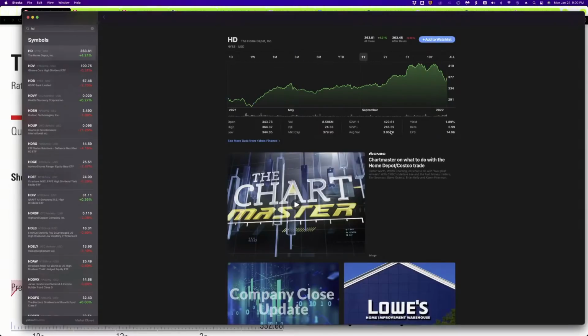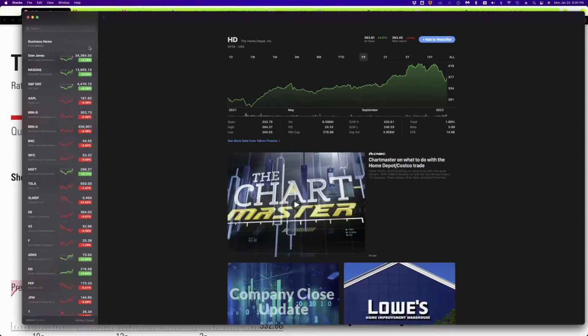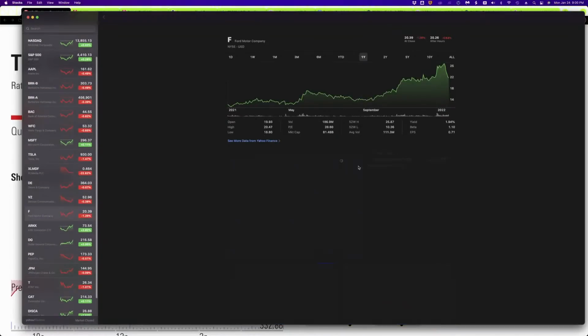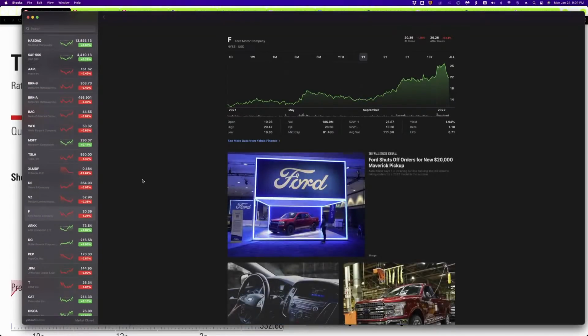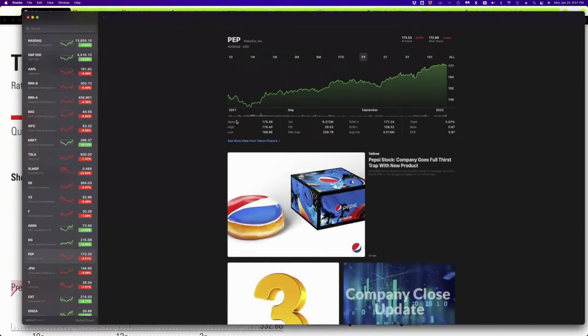I think I did point this out last time. Its 52-week low is 246, its high 420. That's a lot of volatility. What's another company you wouldn't really think of as volatile? How about Ford, right? 10 and 25. That's a pretty big range. Pepsi, 128 and 177. A lot of money can be made with boring stocks. You just have to be patient.